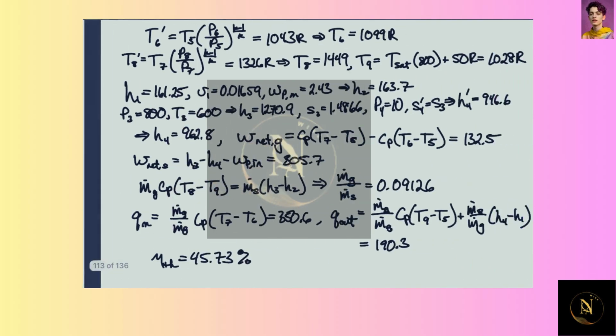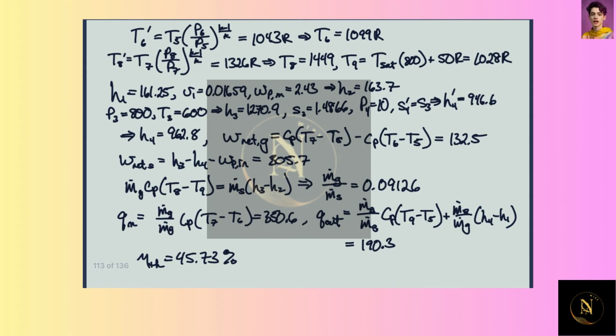Again, all of this stuff is basically the same as in the previous problem, so that's all exactly the same. This is not the same, because the pressure coming into the pump is different. So these are different, but we can easily find what they are.